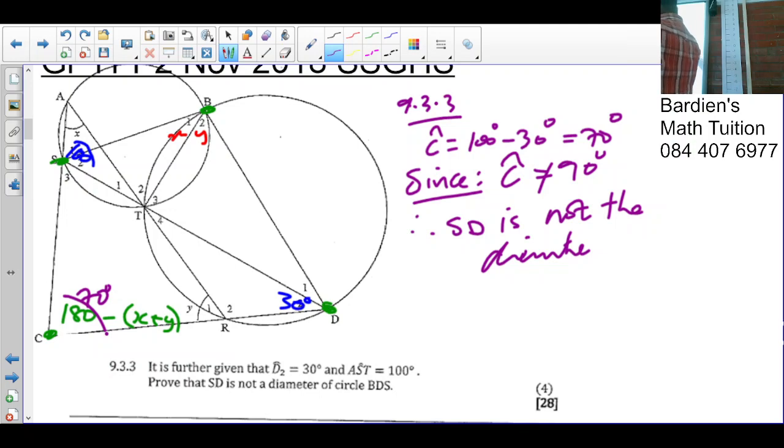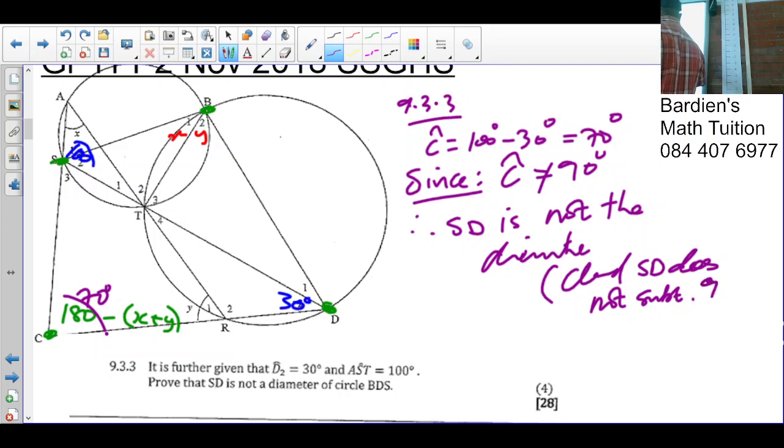We need a reason for the 4th mark. Because you must remember that the diameter subtends 90 degrees. So you say that chord SD does not subtend 90 degrees.